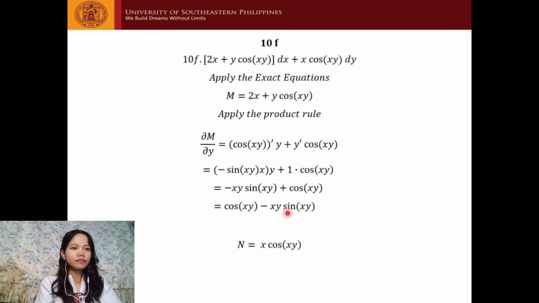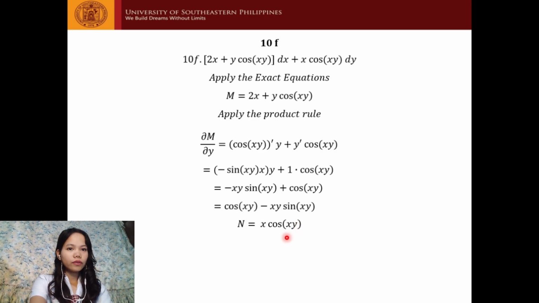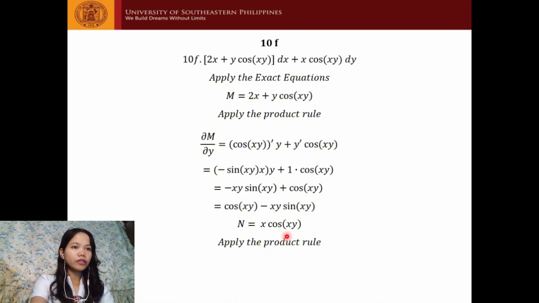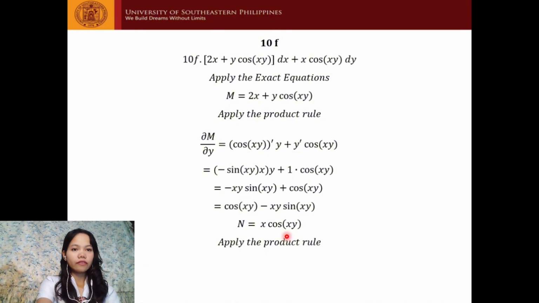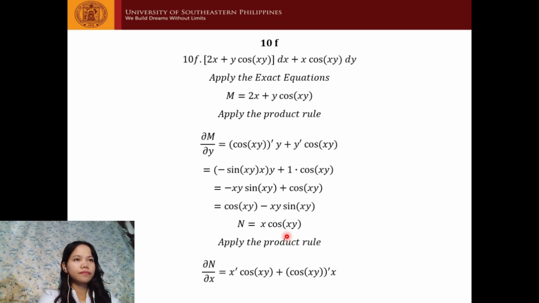Next, we are going to let N be equal to x cosine of xy. For this one, we are going to apply again the product rule to get the partial derivative of N with respect to x.